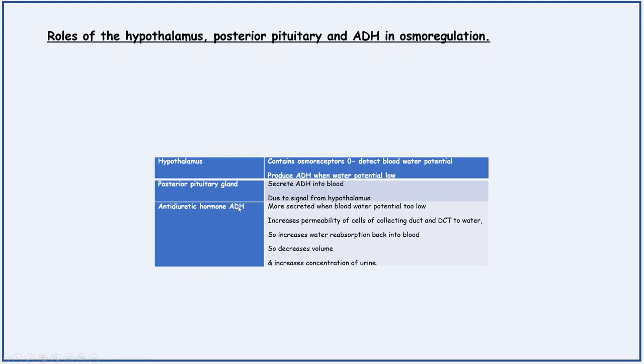The antidiuretic hormone, or ADH, more is secreted when the blood water potential is too low. This increases the permeability of the cells of the collecting duct and distal convoluted tubule to water, so it increases the water reabsorption back into the blood. So therefore it decreases the volume and increases the concentration of the urine.